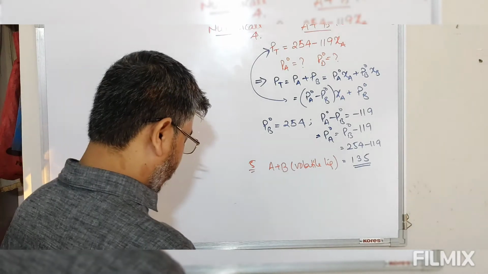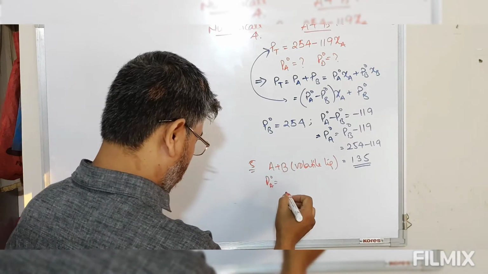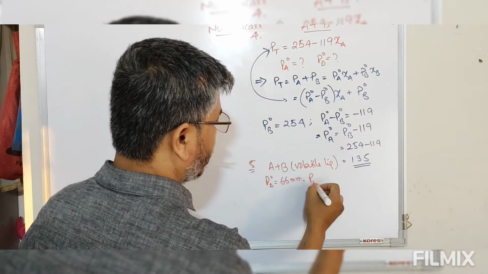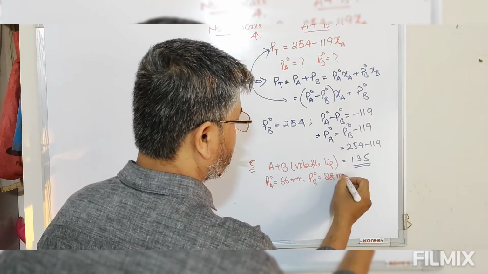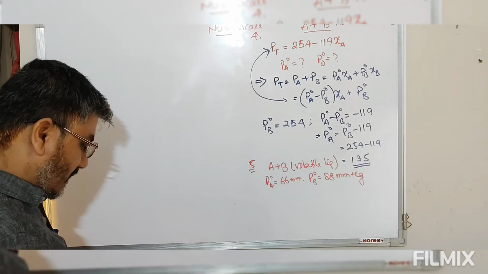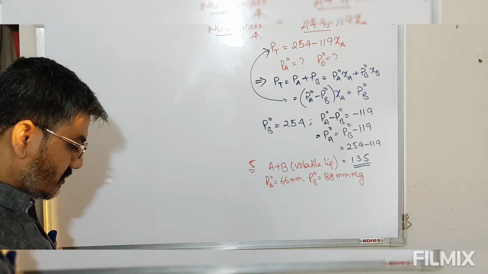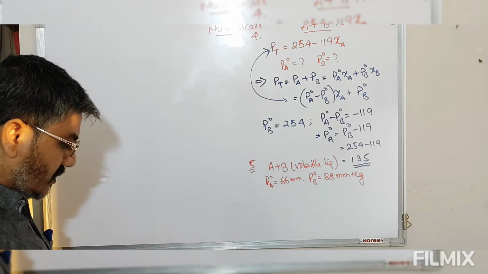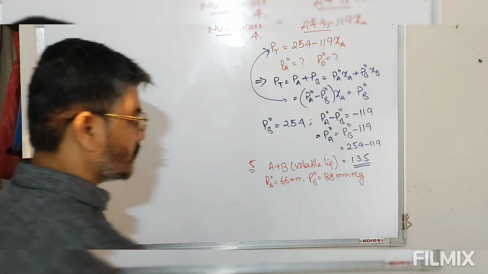The vapor pressure of pure A is 66 mm mercury, and the vapor pressure of pure B is 88 mm mercury. Calculate the composition of A in the solution if the molar volume of A in the vapor phase is 36%.